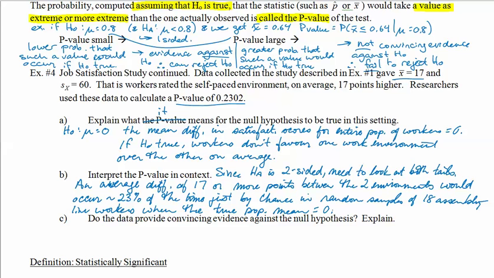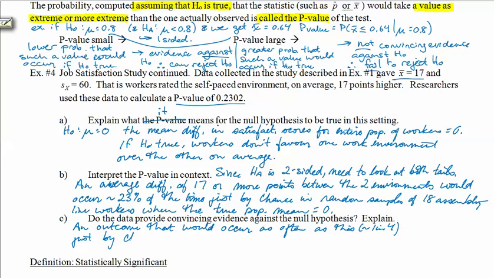An outcome that will occur as often as this, and that's 23%, is almost 25%, so approximately 1 in 4, just by chance, when H naught is true, is not convincing evidence against H naught.